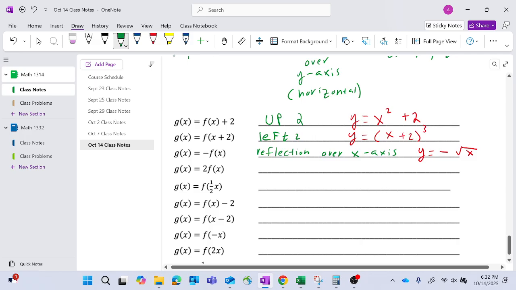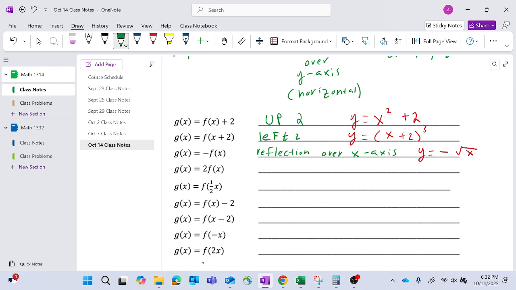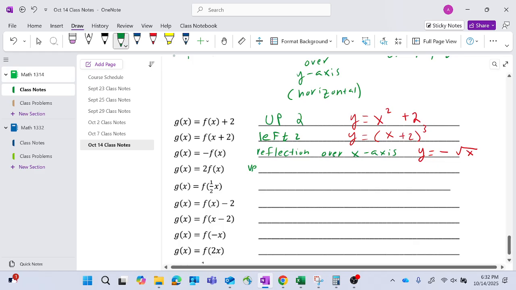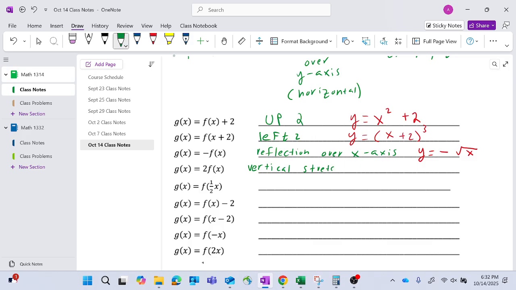And then you have g of x equals 2 times f of x. Well, that 2 is still in the position of the a. Remember your a, what it does, it vertically stretches stuff. So this is a vertical stretch of 2.